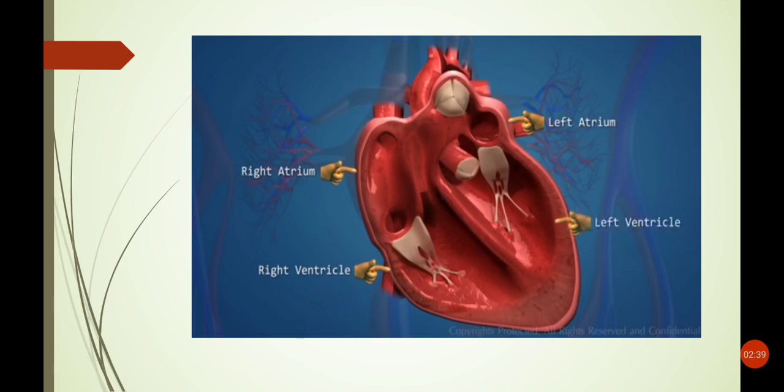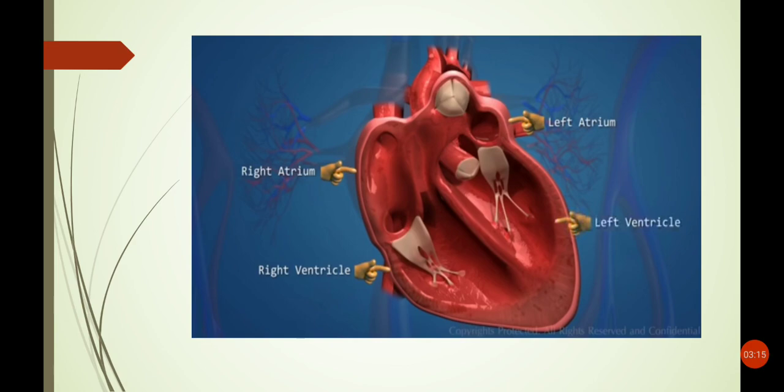The heart is very important because the blood carries oxygen as well as nutrients, as we all know. But what is the role of the heart in the transportation system? In the heart, there are 4 chambers: right atrium, left atrium, right ventricle, left ventricle.